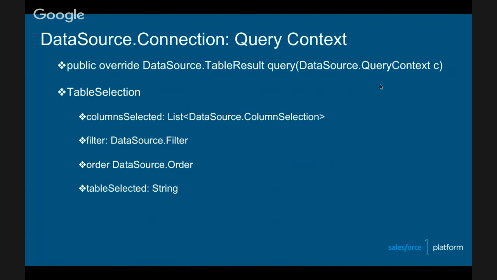So it's basically the string of how you want these things ordered, what column for sorting you want first, second, third. And then the table selected is a string. So that's the name of the table, that's the reference of what you're asking for. And I'll show you that in the code, how that works.